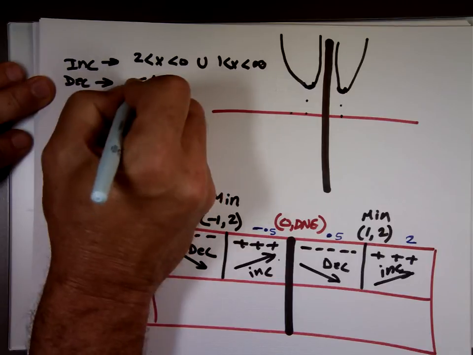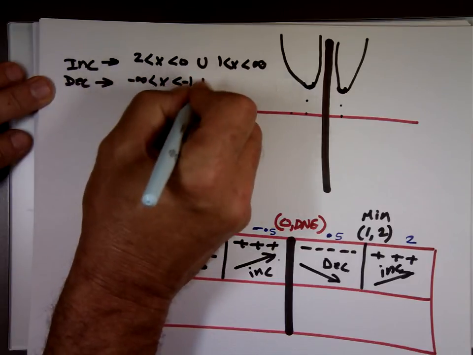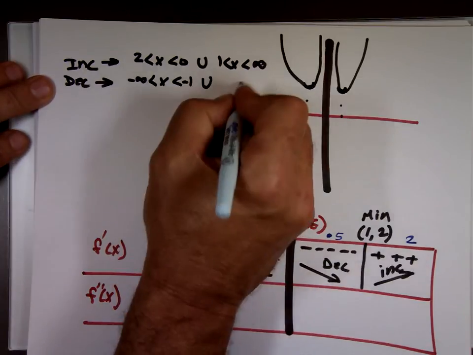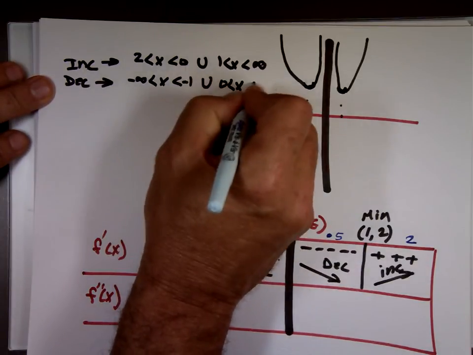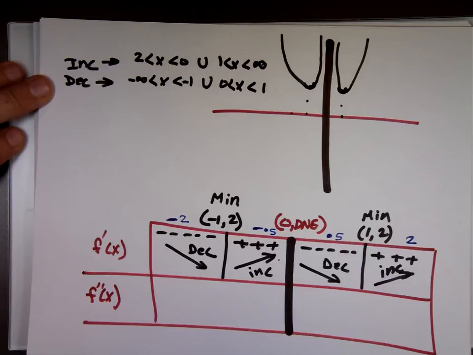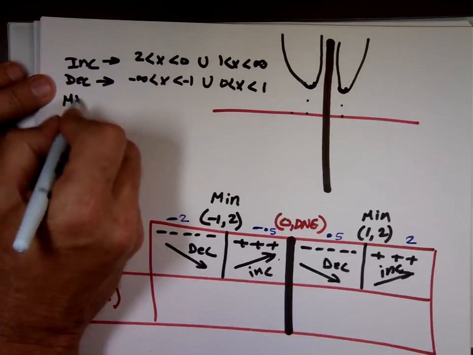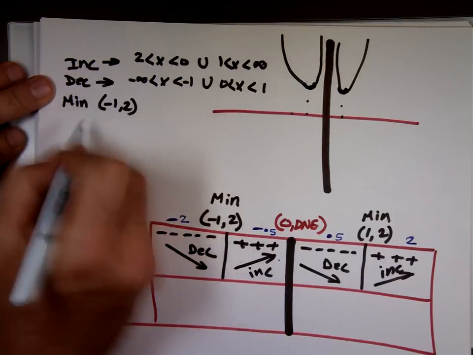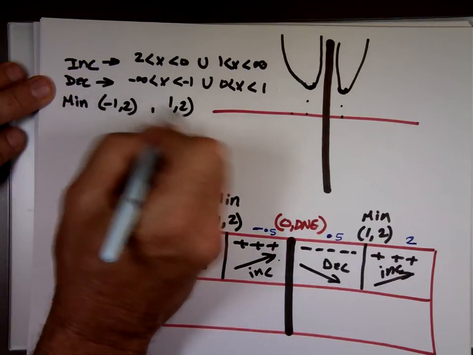Add to it from where to where? 0 to 1. Min points, we have 2 of them. Negative 1 comma 2, 1 comma 2. Max points, none.